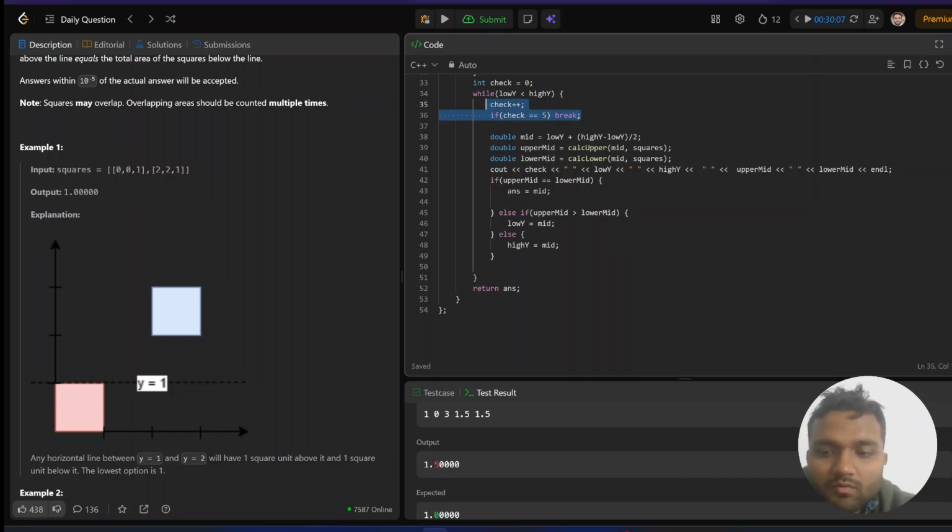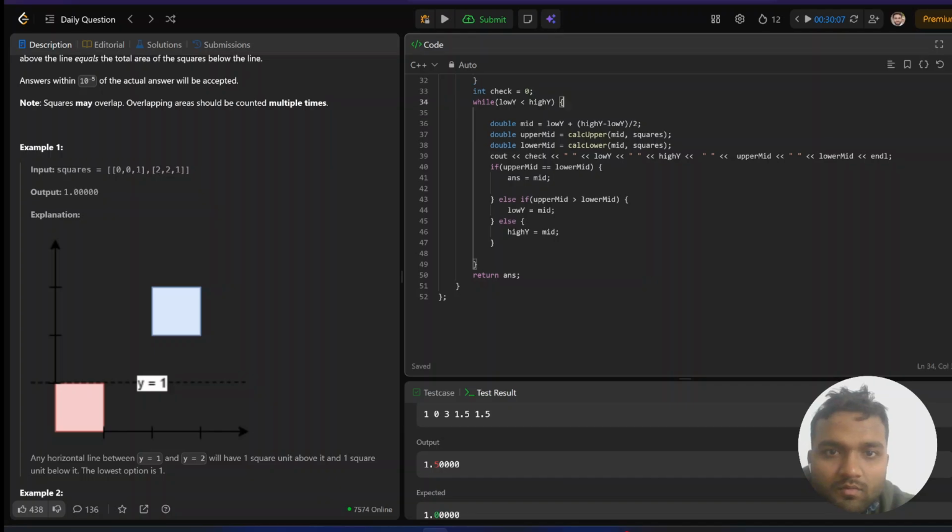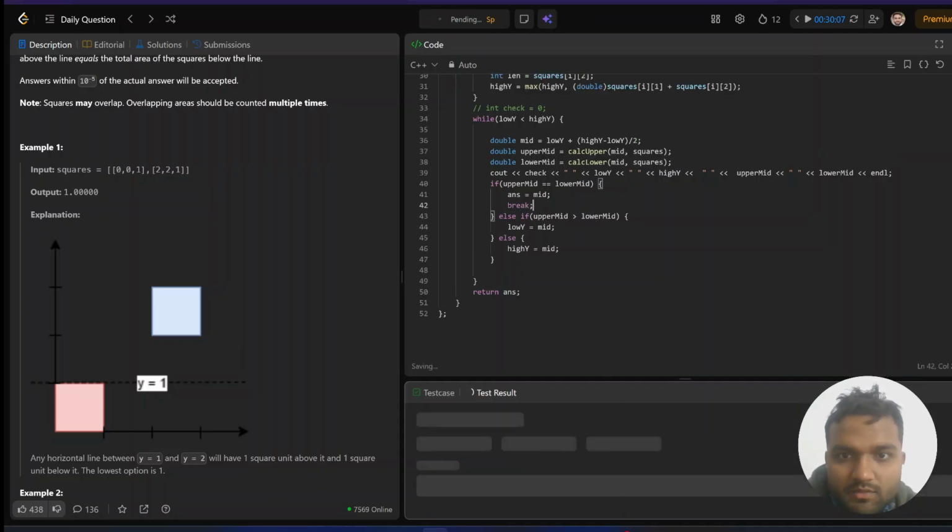Can go. Let me again check it. Is there any infinite loop without check?